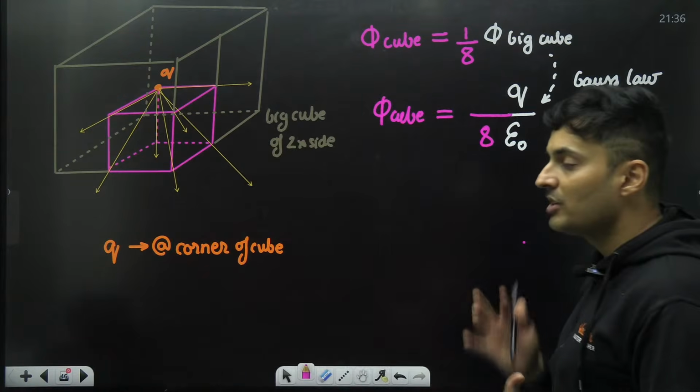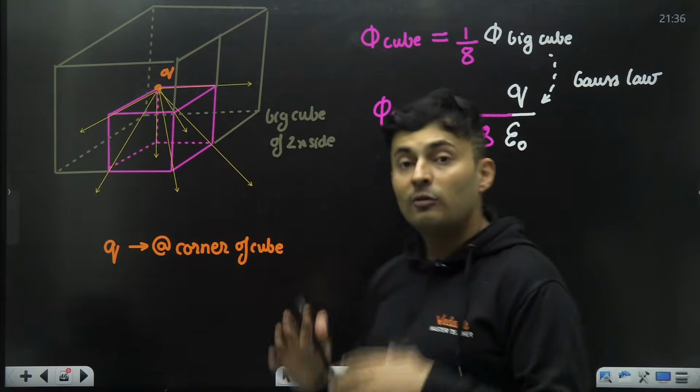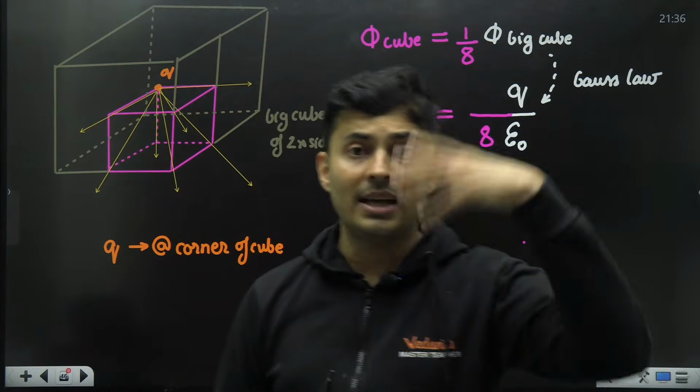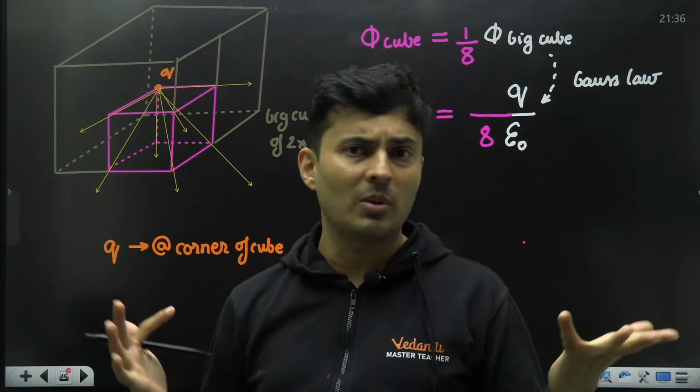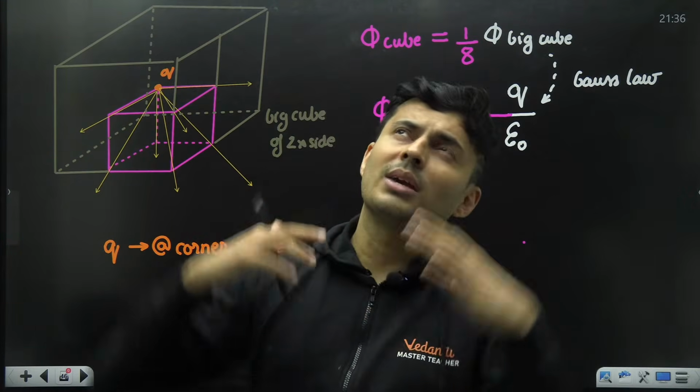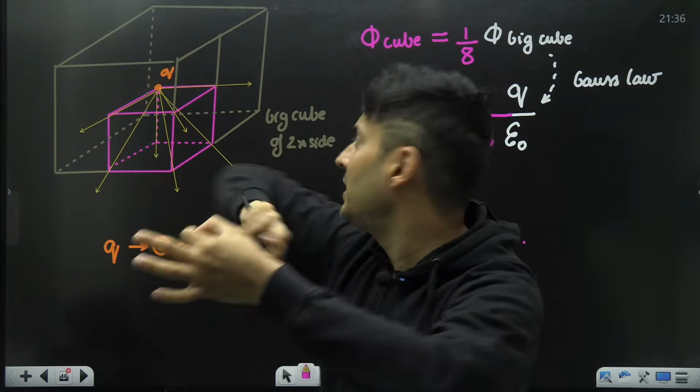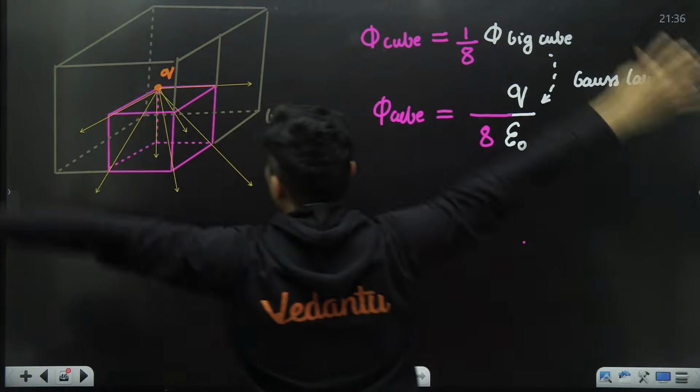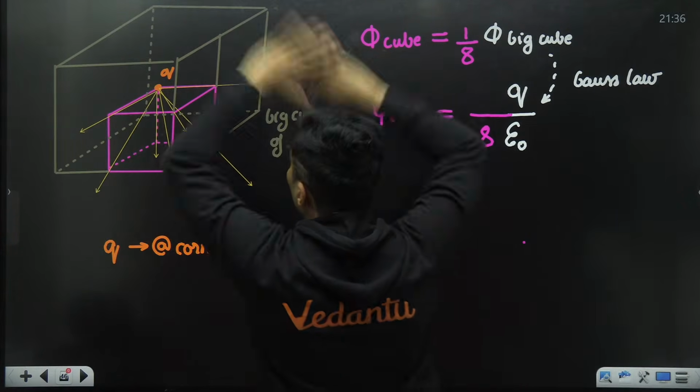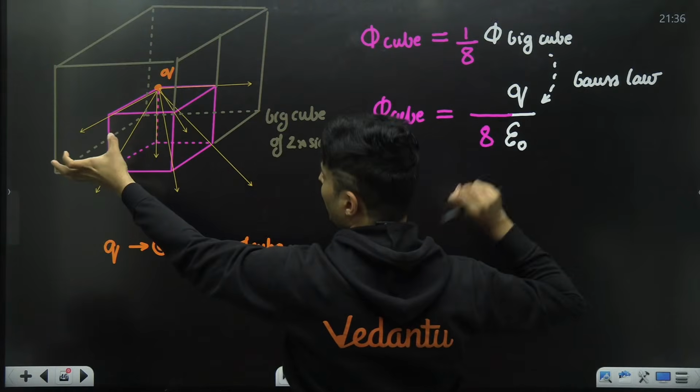So these kinds of visualizations might be needed for certain questions where you might have to imagine another big cube or small cube or whatever, and then figure out, okay, for that big cube, that charge is at the center and the flux is going everywhere, and the total flux for the big cube is q by epsilon.